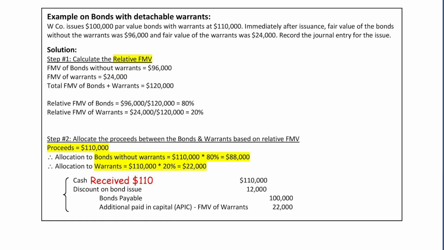So put a box around 12 and 100. 12 is the discount on bond issue, bonds payable face value 100, and write $88 for bonds. For warrants, which goes into APIC, write $22 for warrants. So out of $110,000 of proceeds received, we've allocated $88,000 for bonds and $22,000 for warrants.